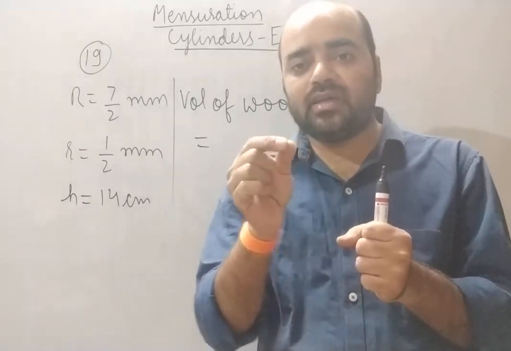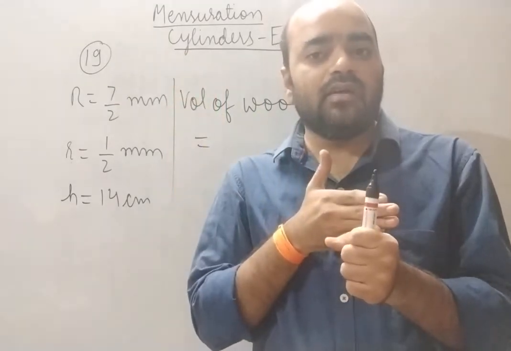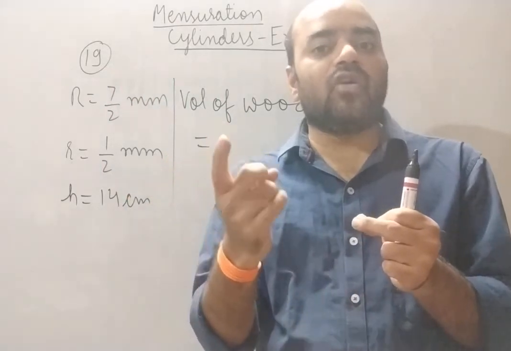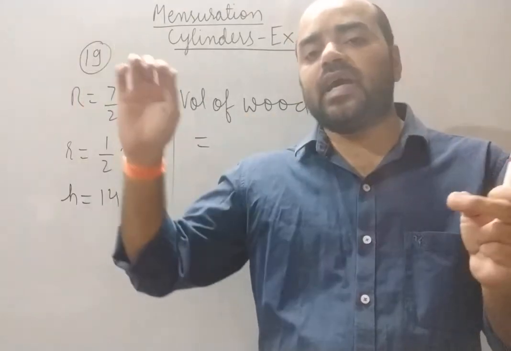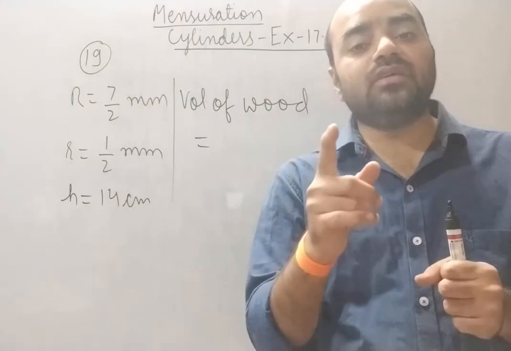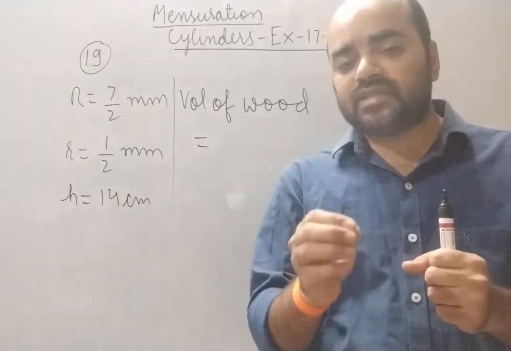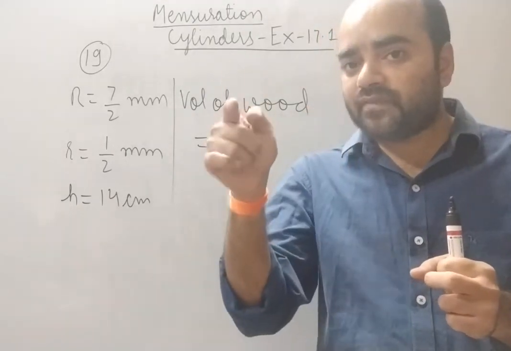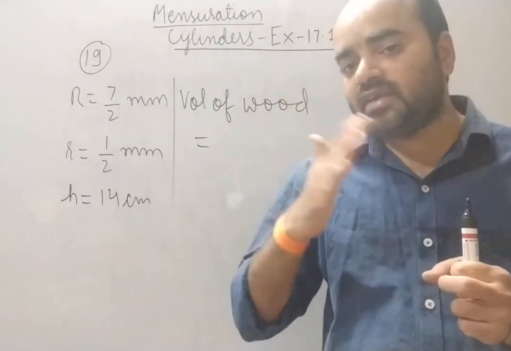Wood is present between the face of graphite and the external face, not everywhere. Why? If wood were filled everywhere, we could directly calculate the volume of the wood by calculating the volume of the complete outer cylinder.